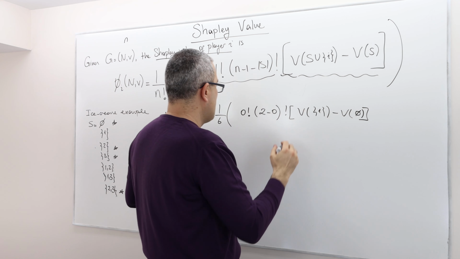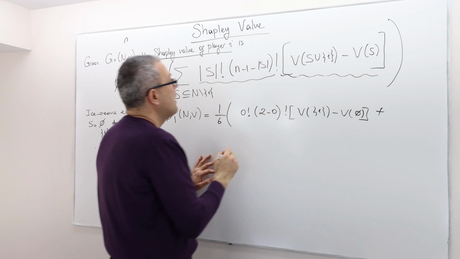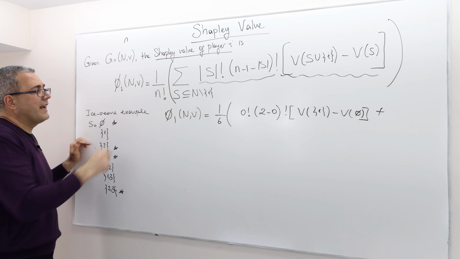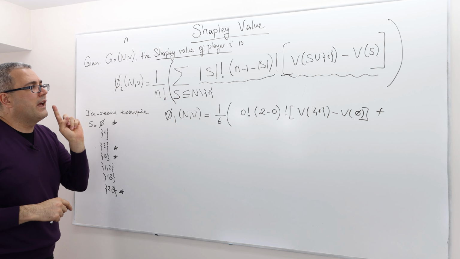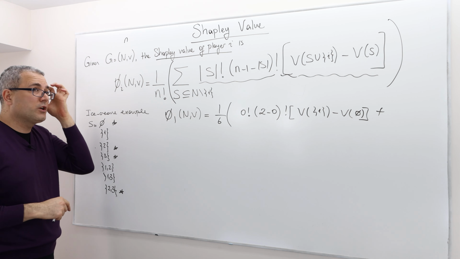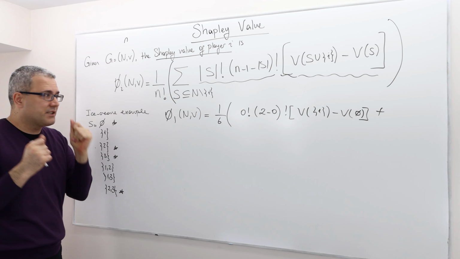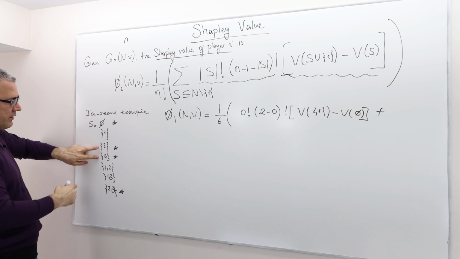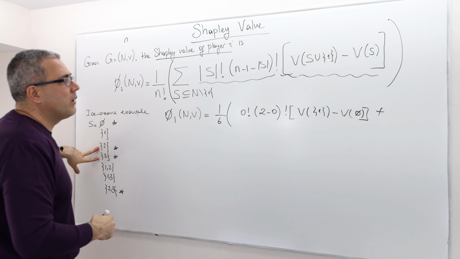There you go. Plus, I'm going to do it with coalitions that have one player. So it's basically 2 and 3. How do I do that?